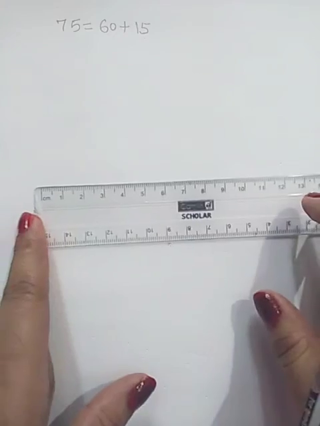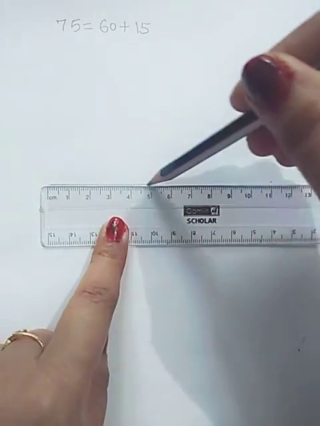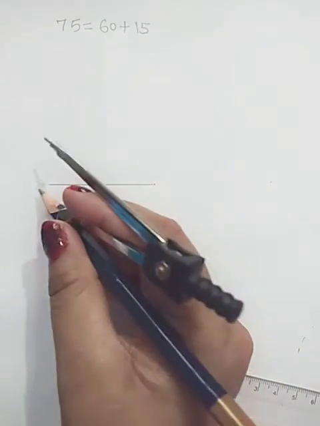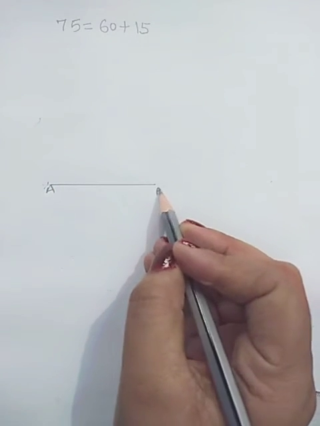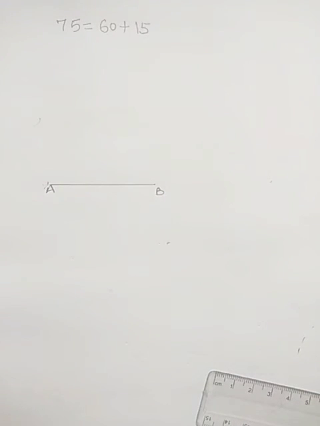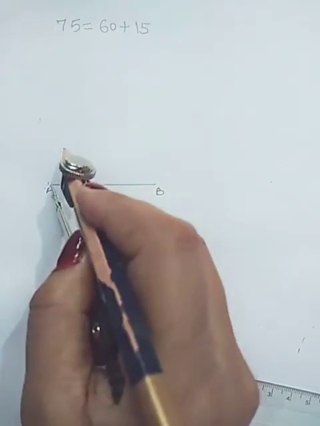We will first draw a line of any measurement. I have drawn a line here. I will put a compass at the starting point. Name it as A. Put a compass at A. Take a small arc.